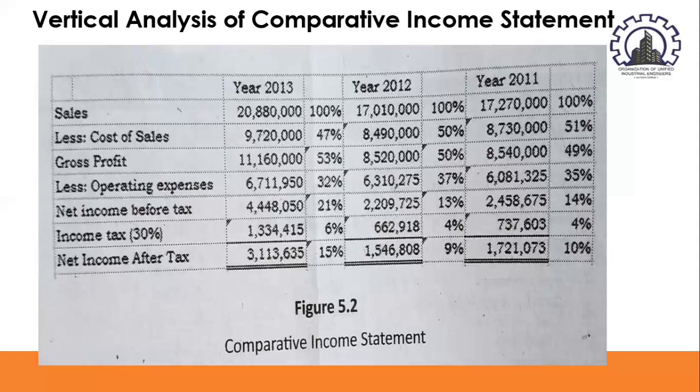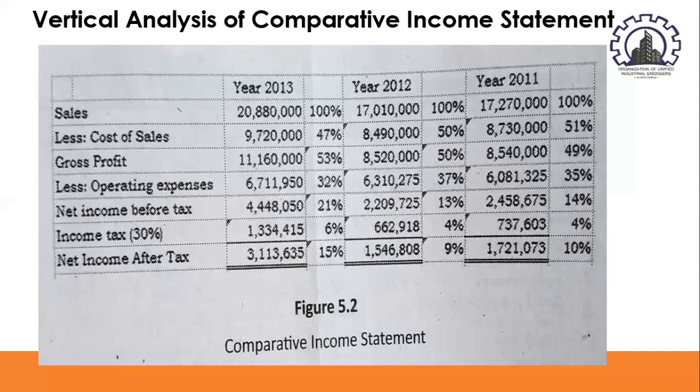Now, for the year 2011, the percentage of cost of sales is computed by dividing 8,730,000 cost of sales by 17,270,000 sales.